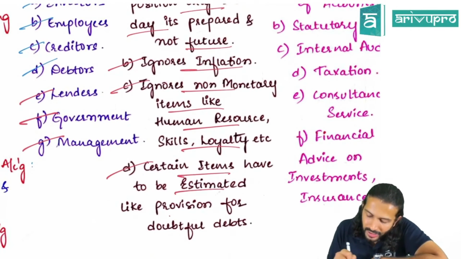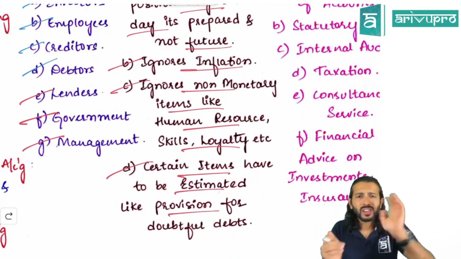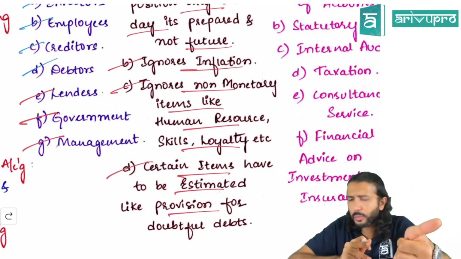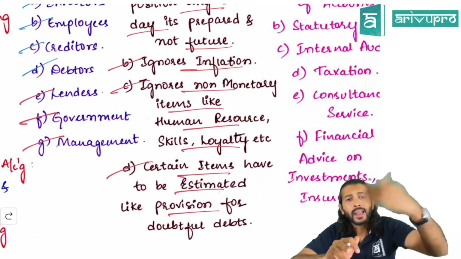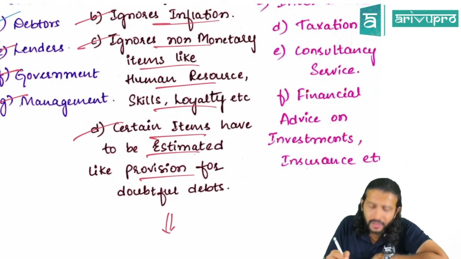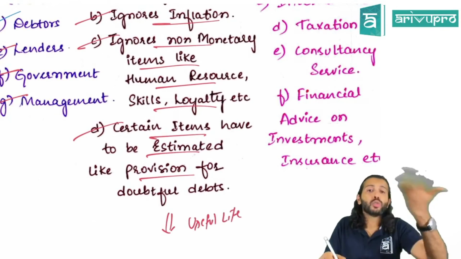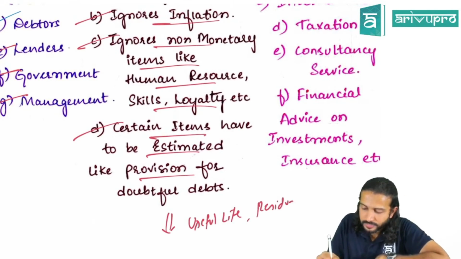Certain items have to be estimated. Accounting is not foolproof. Certain estimates are also required, like to calculate depreciation. Those of you who don't know what I'm saying, it is fine. To calculate depreciation, you require useful life and residual value.